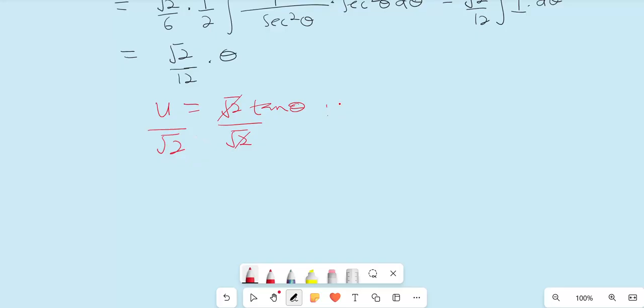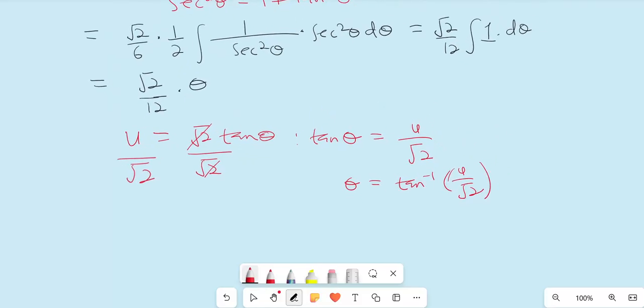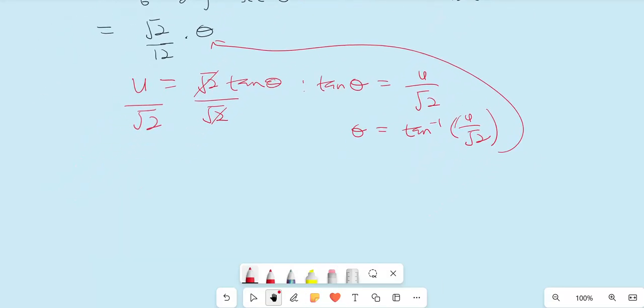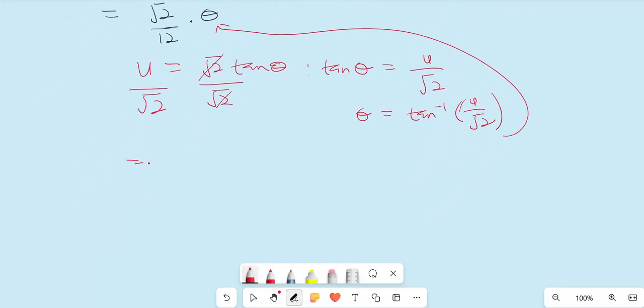These cancel. Tan theta is equal to u over the square root of 2. Implies that theta is the arctan, or the tan inverse, of u over the square root of 2. So we can plug that in here and get our integral. So our integral becomes the square root of 2 over 12 times theta. Theta is the tan inverse of u over the square root of 2.